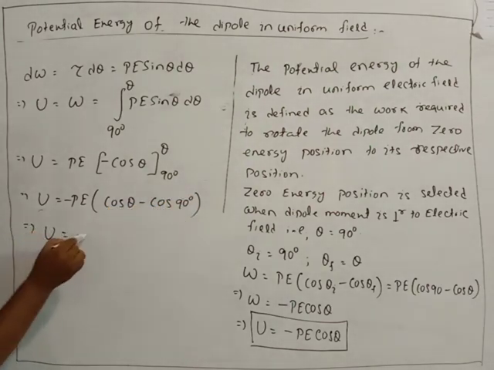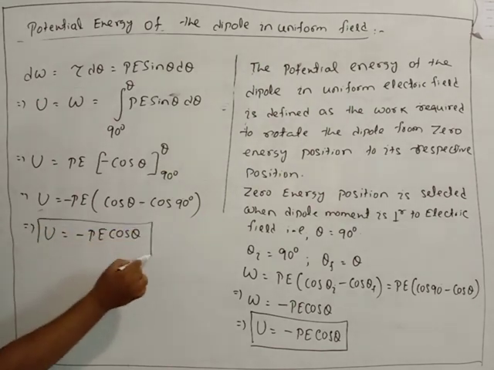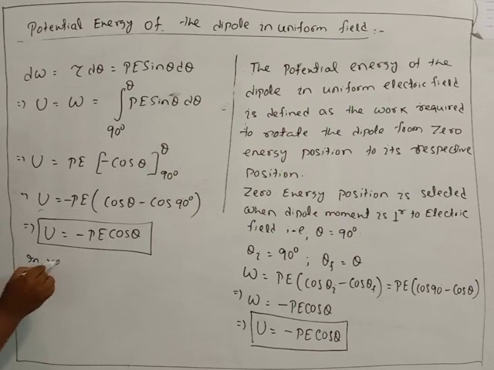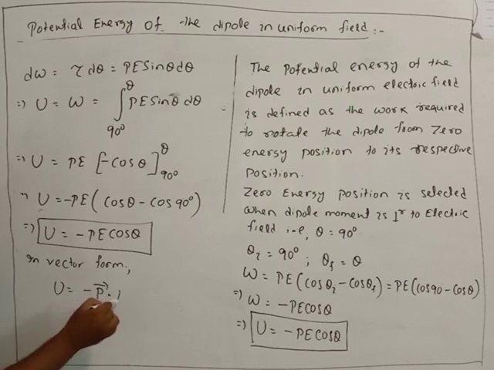So U equals minus P cos theta. Now in vector form, U equals minus P dot E.